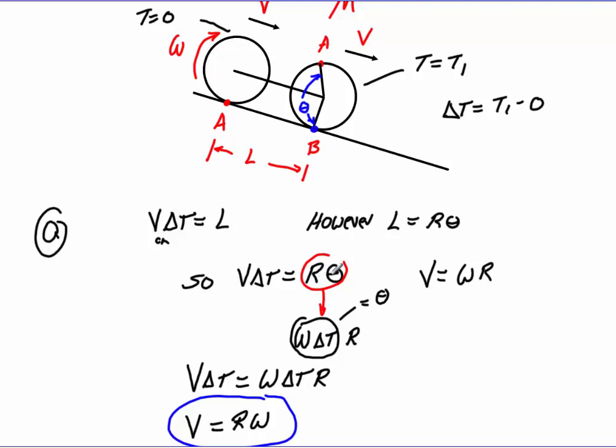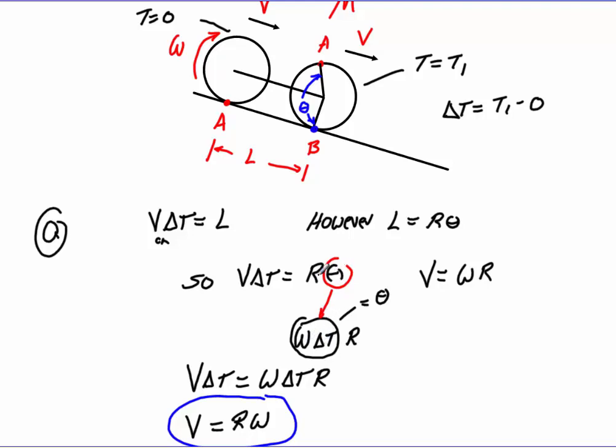Let me erase this right here because I don't want to confuse you. All right, let me go back and state what I said. This part right here, theta, is the same thing as omega times delta t. This is radians per second times t gives me how many radians I traveled.